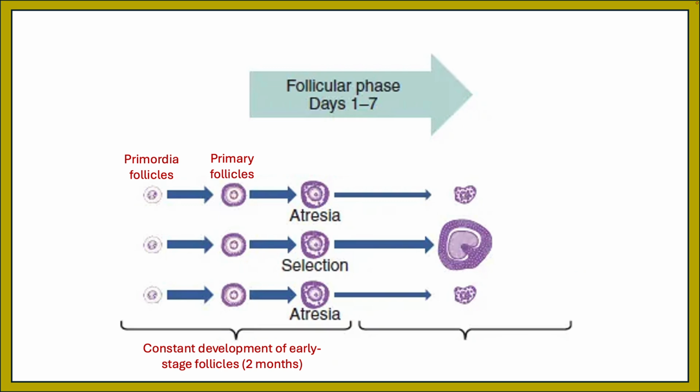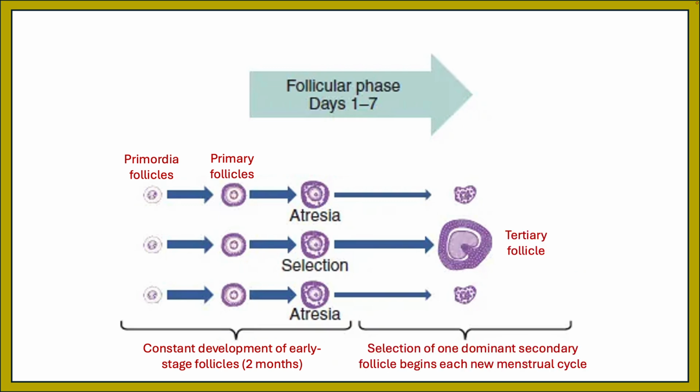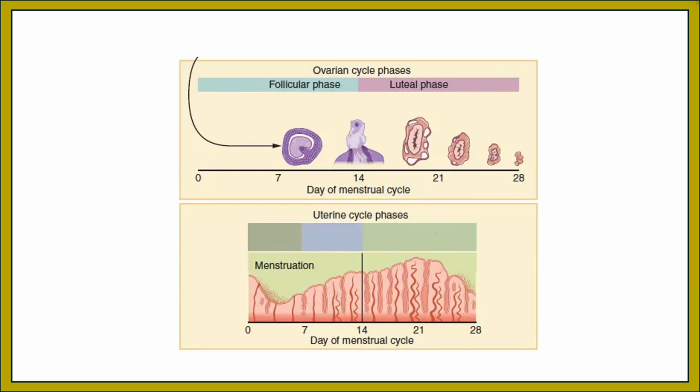This is constantly happening during the early stage, so it happens for about 2 months. The tertiary follicle is going to be selected once each new menstrual cycle, and that is going to be the follicle that ultimately continues on in this process.